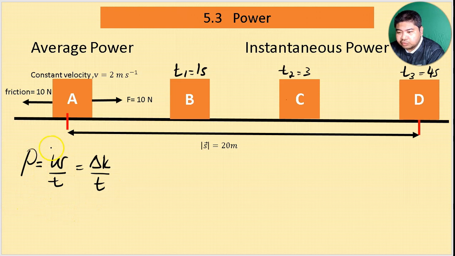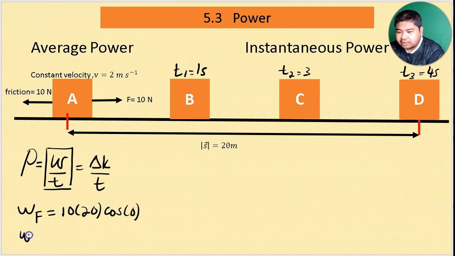If we want to use the first equation, which is the work done over time, you need to calculate the net work done on the block. The first work done is from the external force: 10 times the displacement 20, times cos of 0. The other one is from the friction: 10 times 20 times cos of 180 degrees.